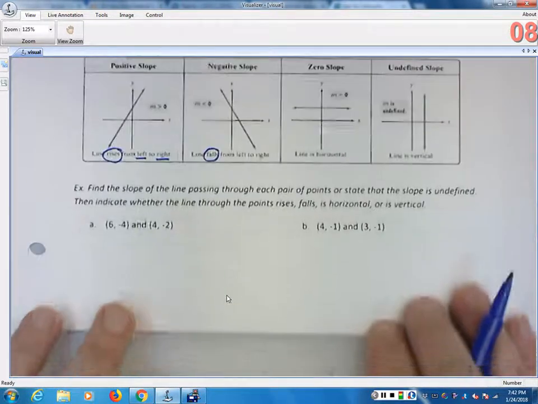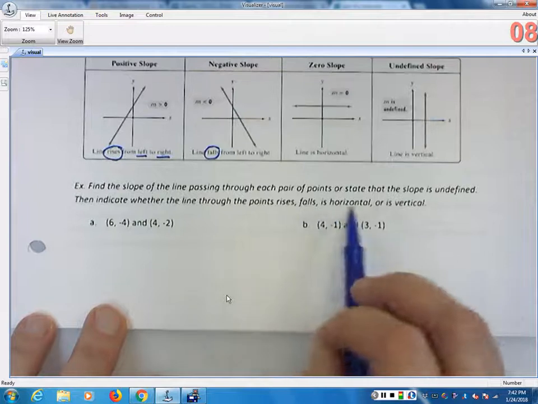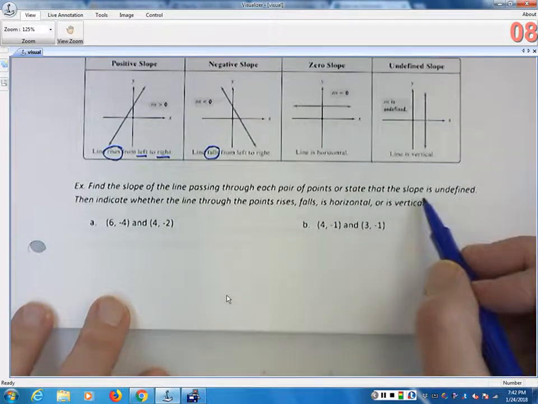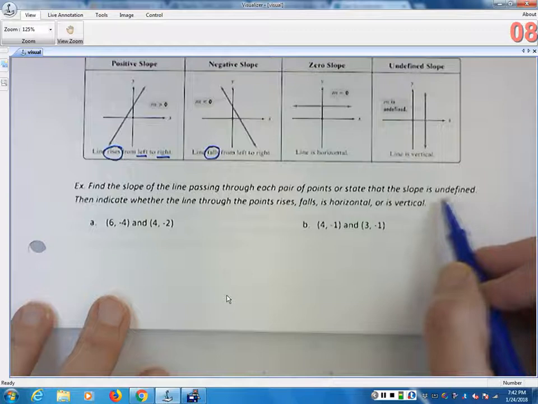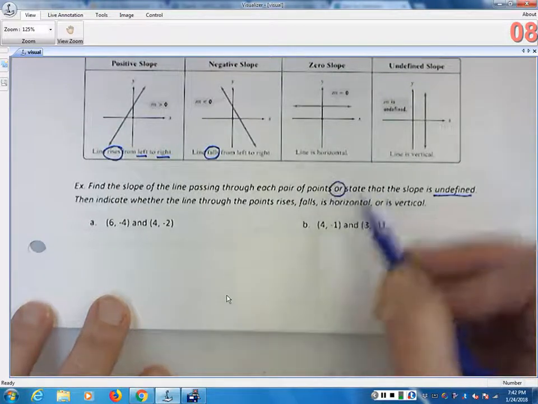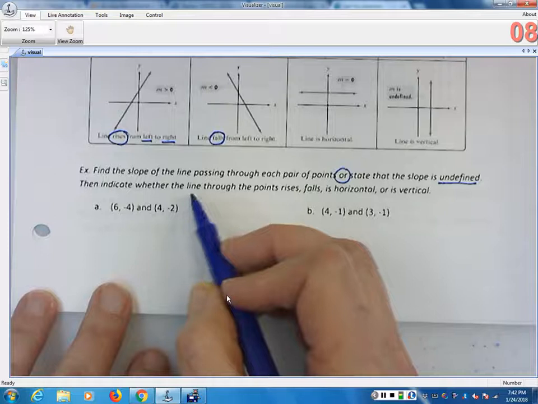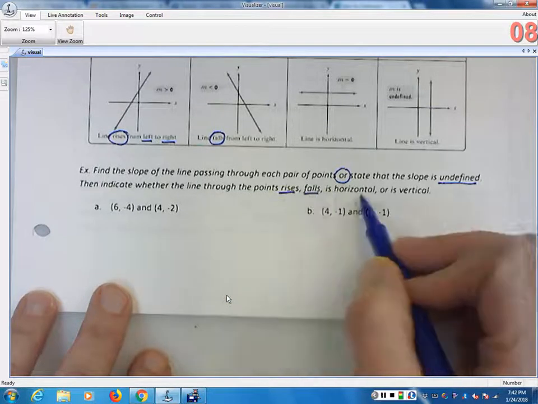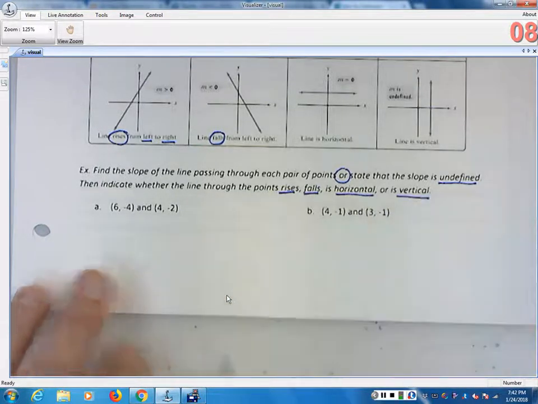So we're going to find the slope of the line passing through each pair of points, or state that the slope is undefined, because you won't be able to find it if it's undefined. You just say it's undefined. So that's 4. Then indicate whether the line through the point rises, falls, is horizontal or vertical.